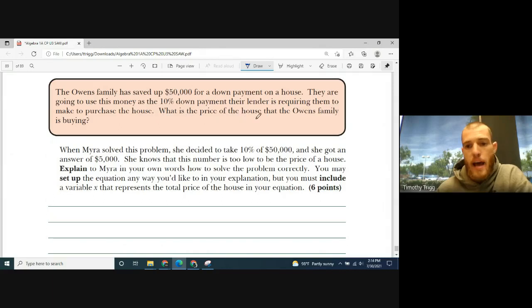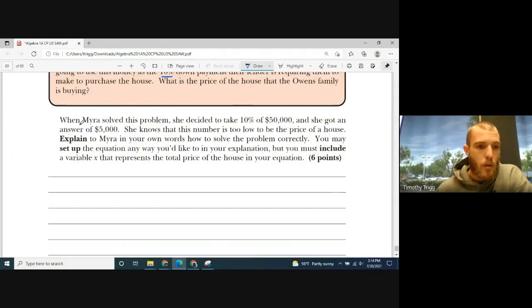What is the price of the house that the Owens family is buying? Okay, so a $50,000 down payment is 10% of the house. When Myra solved this problem, she decided to take 10% of 50,000 and she got an answer of 5,000. She knows that this number is too low to be the price of the house. Explain to Myra, in your own words, how to solve the problem correctly.